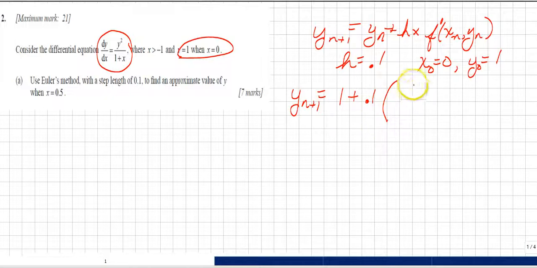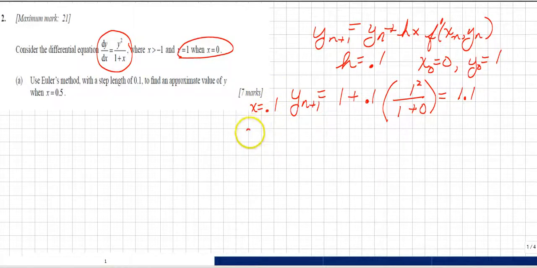So it'd be 1 squared over 1 plus 0. Since this is a calculator problem, just punch that in, and that turns out to be 1.1. That is the first step, which gives us the value at x equaling 0.1, since the steps are 0.1.